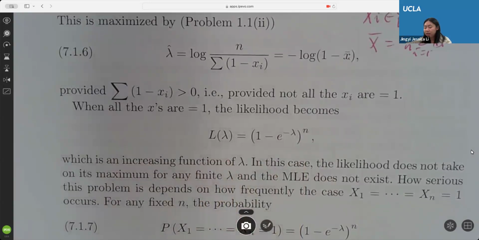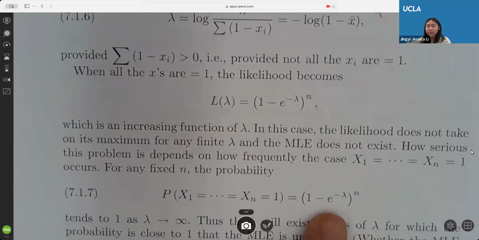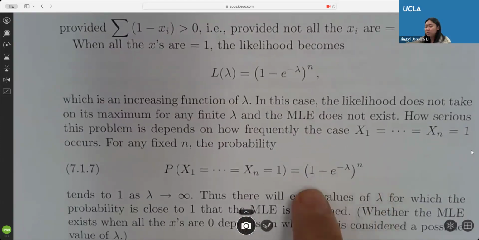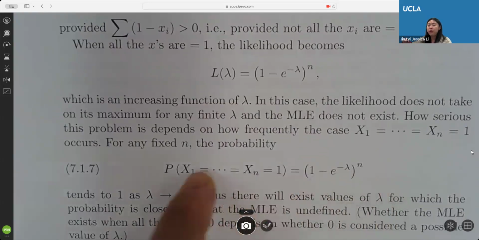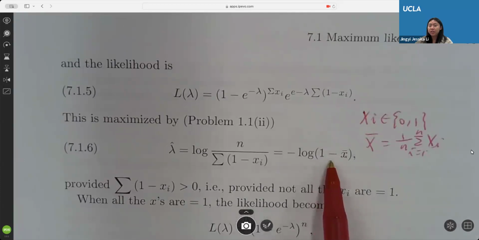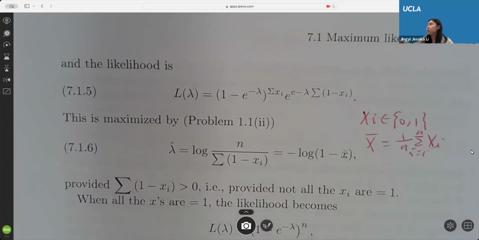But if you fix your lambda and increase your n, you can see that the probability that your sample is all ones will go down to 0. This chance will be smaller and smaller as your n increases. So in other words, if you have a large sample size, the chance that you get this infinite MLE will be very unlikely. The chance will go down to 0.